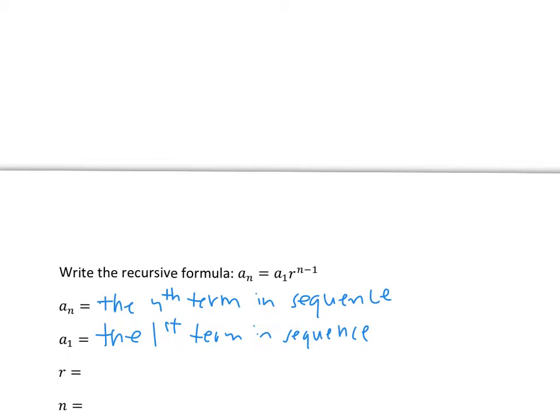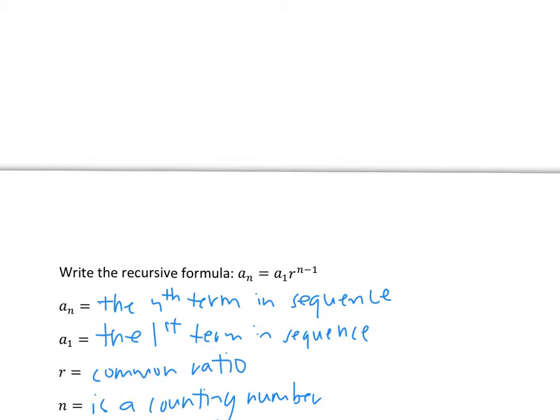R is the common ratio. And n is a counting number. So we won't ever ask you to find the negative 100th term, right? We'll ask you to find the 100th term, so numbers that we typically usually count, which are whole numbers.